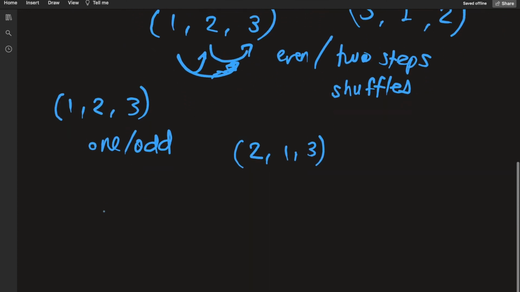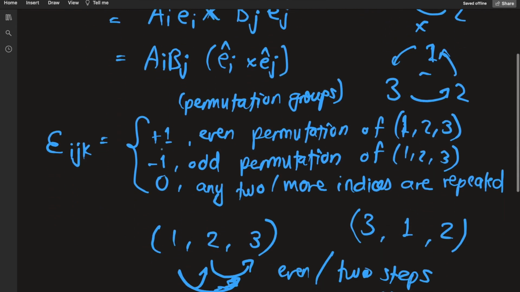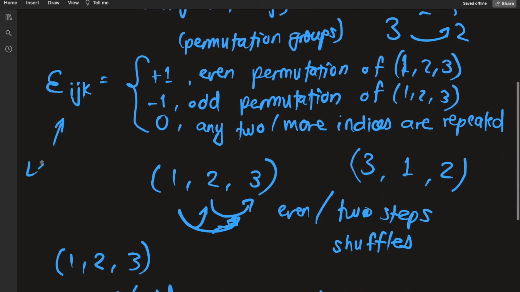So the entire takeaway message from this discussion of the Levi-Civita symbol, and let me write that down, I haven't written that down. This is the Levi-Civita symbol. This guy is Italian, so Civita, not Civita.